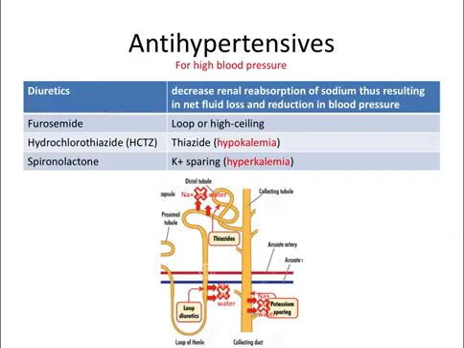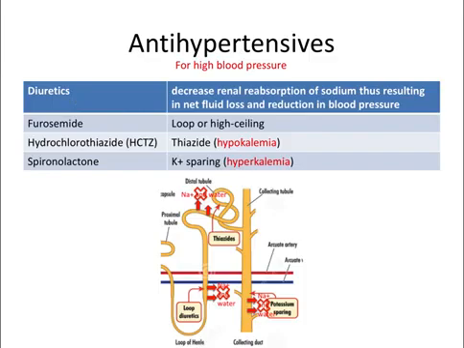All right, so now let's talk about some medications. Antihypertensives are used to combat high blood pressure, and we have a couple different categories of antihypertensive drugs. So the first one we'll talk about are the diuretics. Now, diuretics decrease resorption of sodium in the kidneys, so they essentially trap sodium in your urine.